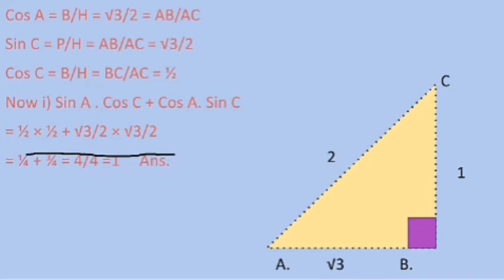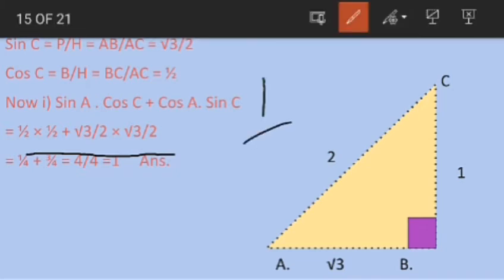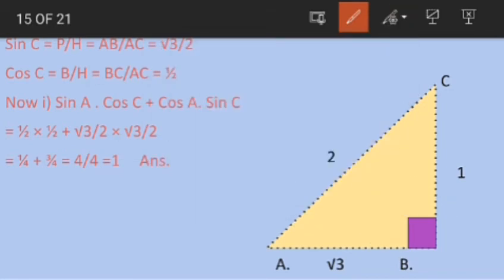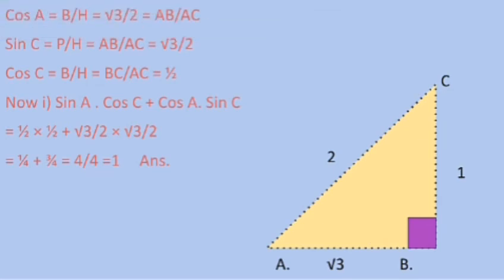When you multiply 1 by 2 into 1 by 2, it is obviously going to be 1 by 4, and when you multiply root 3 by 2 with root 3 by 2, it is also going to be 3 by 4, and when you add it together, you will get 4 by 4, and it is going to be 1. Therefore your answer for the first part is going to be 1.